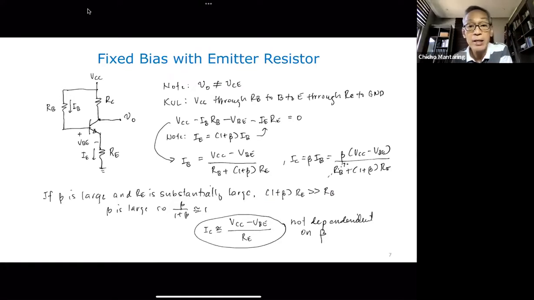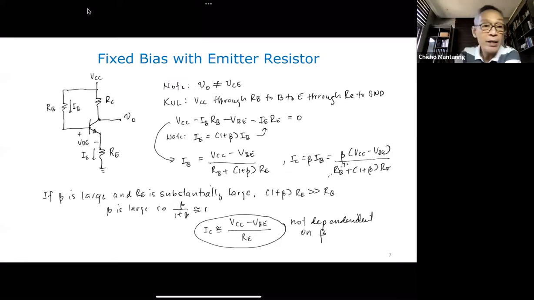That makes my quiescent point more stable. Because kahit na magbago yung beta, even if my beta goes from 80 to 120 like before, my I sub C will stay approximately the same. And therefore, my operating point will not move.